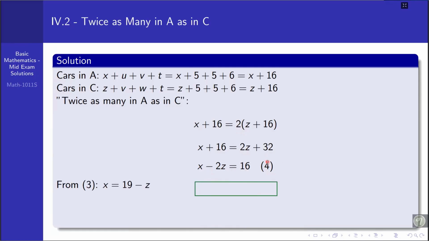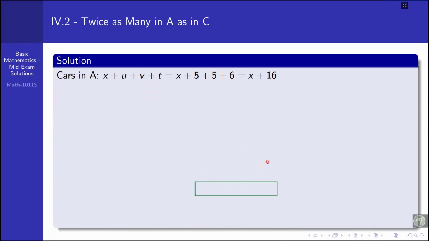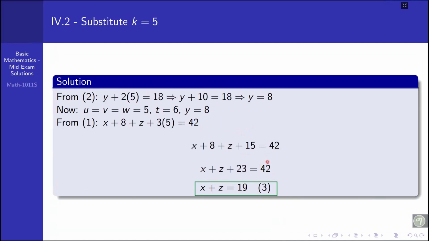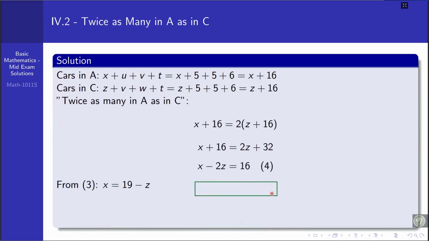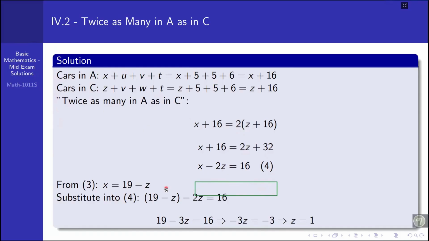Then from the third equation, we know that it is simply this one. So we have X is equal to 19 minus Z. Substituting into 4, 19 minus Z minus twice of Z is equal to 16.